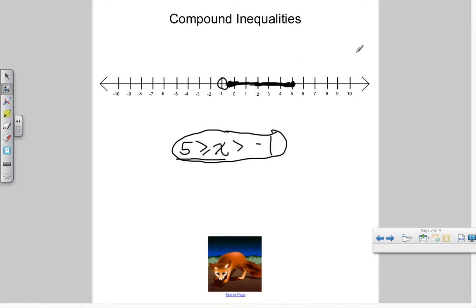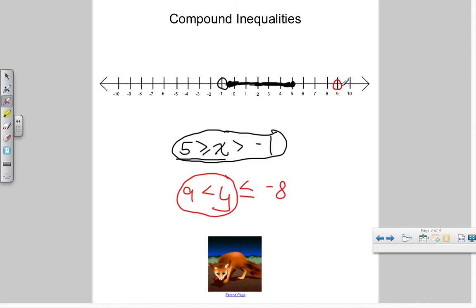Okay, there are many more. There are some that will extend this way and have nothing overlapping in the middle. That would look something like this. Let's do it in a different color. If I had y is less than or equal to -8, but at the same time greater than 9. Let's look at these separately. This part here, y is bigger than 9. So let's find 9.